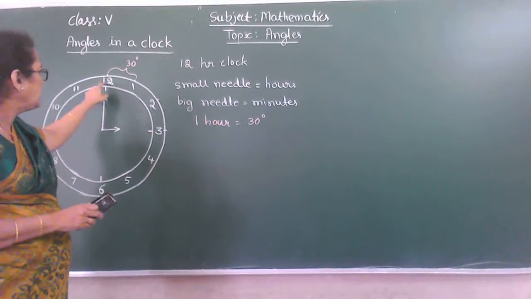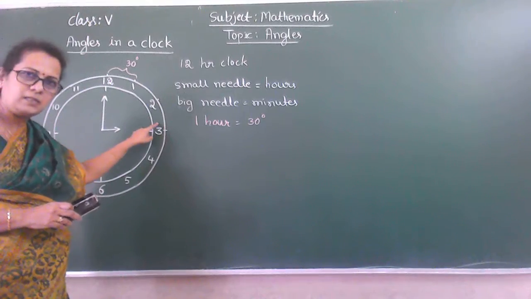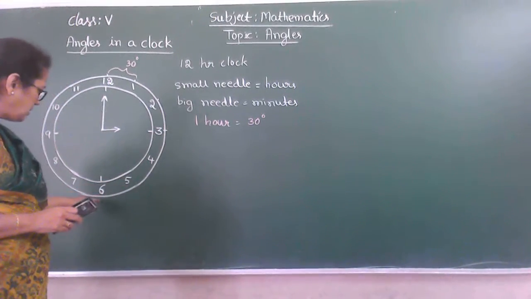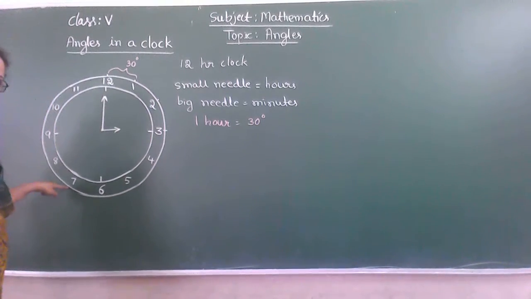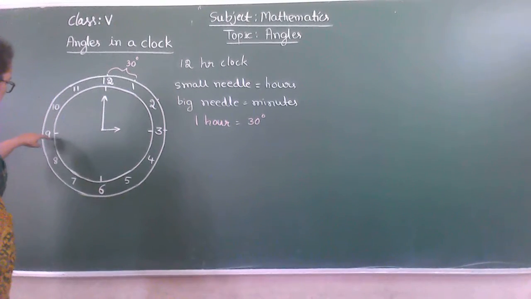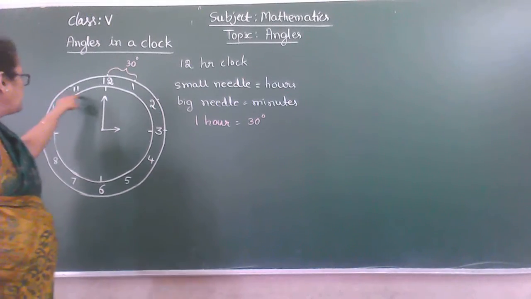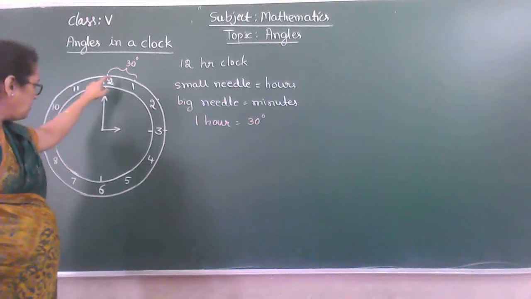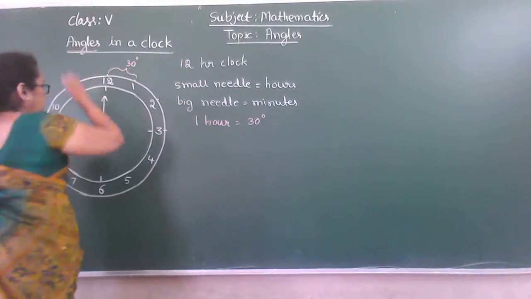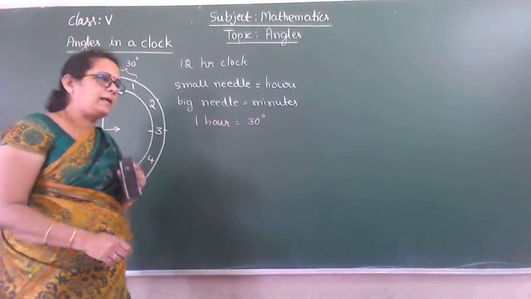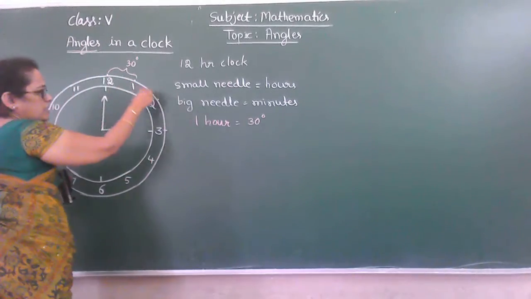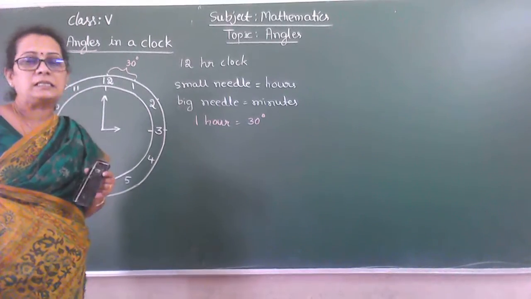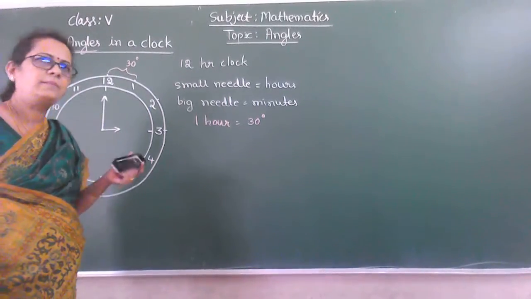So 5, 10, 15, 20, 25, 30, 35, 40, 45, 50, 55, 60. Now I am teaching you about the angles, not the minutes. 1 hour is equal to how many degrees? It is 30 degrees. Okay.